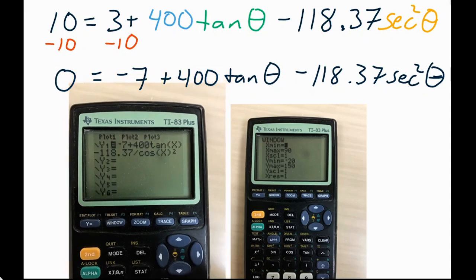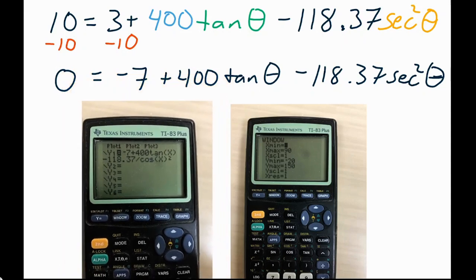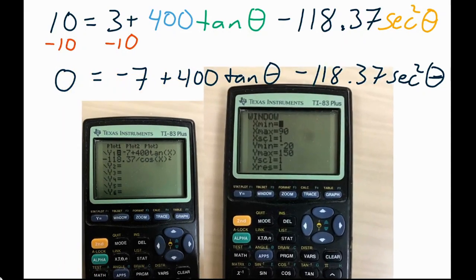But since x is the same as theta, you're going to have to make your window match with that idea. What idea? Basically that x would go from 0 to 90 because, once again, x is theta. So it's like you're only looking for 90 degrees worth of possible thetas.